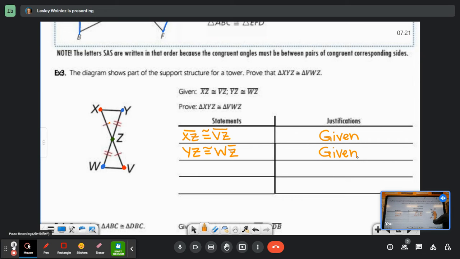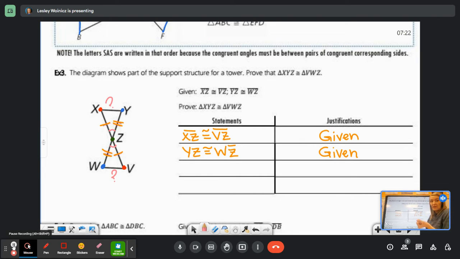Those are the tick marks that show which ones match up. What don't I know? I have two sides. I either need a third side or an angle. Since I don't know anything about this side or this side, I'm hoping that I can get the included angle, this one here, congruent.